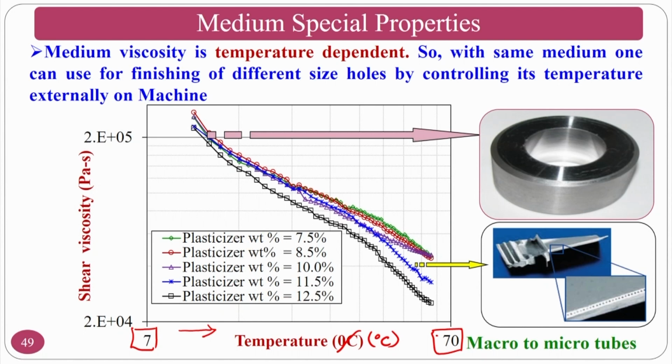Tomorrow assume that my workpiece is small, then what I can do is increase the temperature so that the medium, which is temperature sensitive, can decrease the viscosity, and this can pass through 1 mm or 2 mm holes also. Okay, that is the beauty.